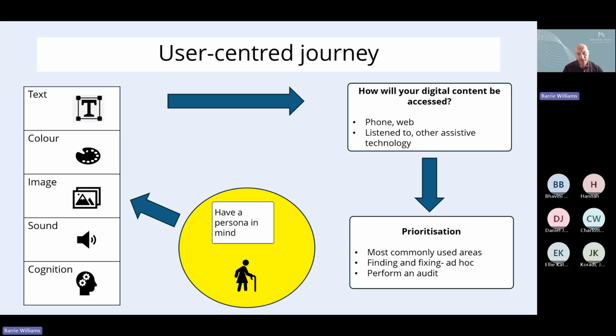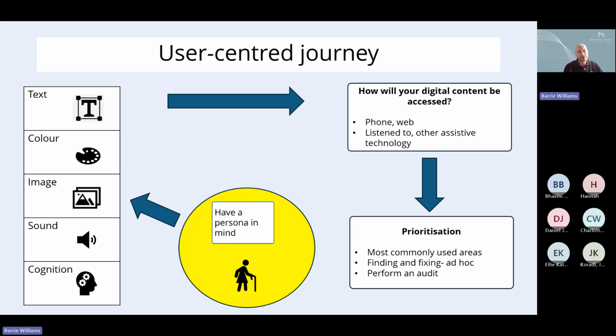Then the next step in the journey is how will your digital content be accessed? Are they looking at it on the phone, on the web, are they listening to it with other assistive technology? The reason I say this is the next step is because you need to start with those five: text, color, image, sound, cognition. Don't try and jump three or four steps ahead.